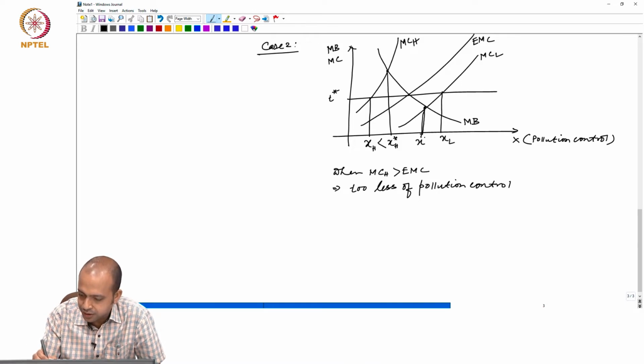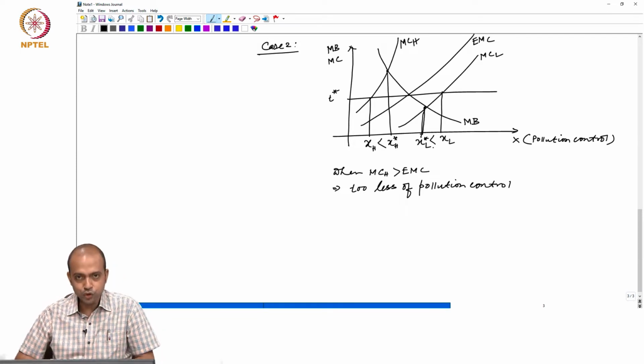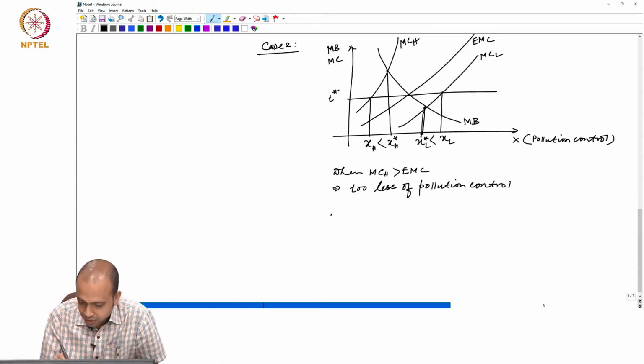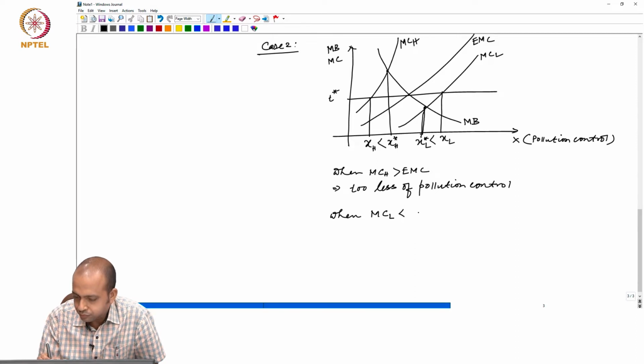This is X star L. So the private firm is supplying more pollution control than what is socially desirable. So we can say, when MCL is lower than EMC, there is too much pollution control.